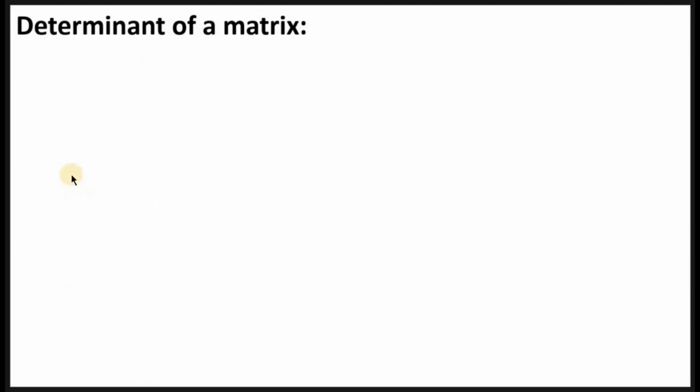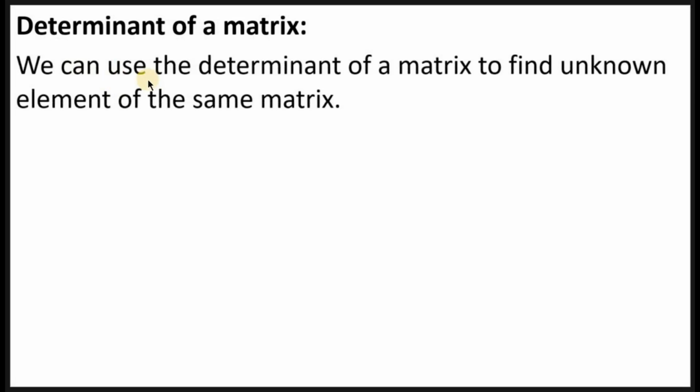Now, we can use the determinant of a matrix to find an unknown element of the same matrix. So you may be given a matrix whose elements are missing, and if you know at least the determinant of that matrix, it is very easy for you to know the missing element or the unknown element.